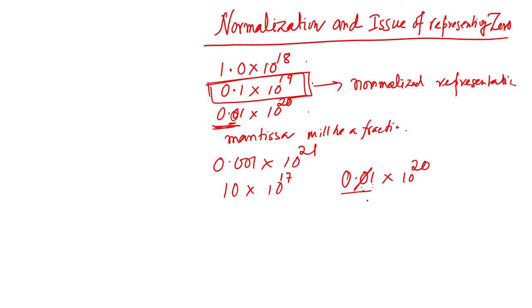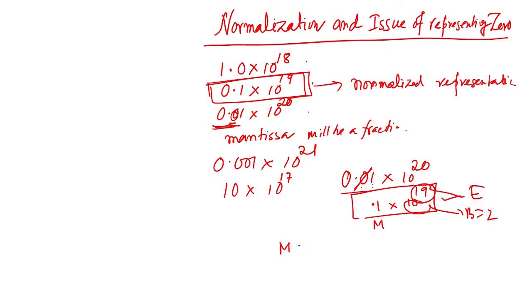So, if I write the number 1, that means implicitly there is a point and then the exponent, whatever you write, say 10 to the power 9. This is the normalized form. In other words, if you say this is the mantissa, this is the exponent and this is the base, base is say 2, then what will be the maximum magnitude of the mantissa?